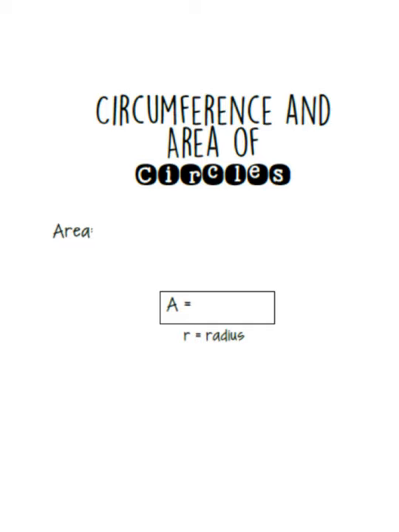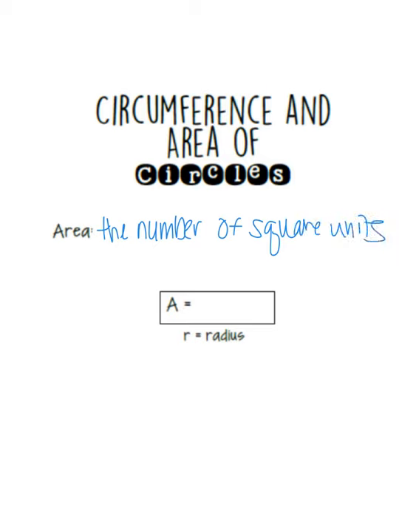Now, to go along with circumference is area. And area is the number of square units inside of a circle. Now to find the area, you're going to do pi r squared.